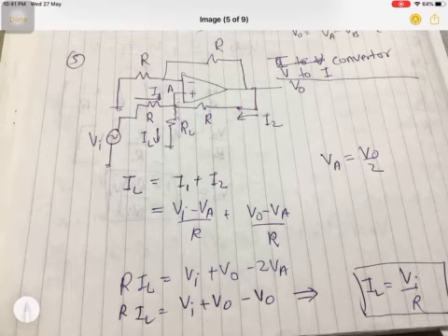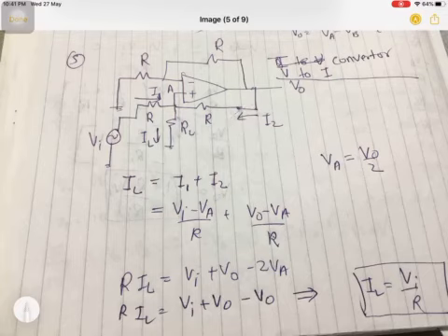One more point, there may be a doubt. There should be one more current coming from the plus terminal downward. In this node there are 3 branches, 1, 2, 3, and there is one more branch going to the positive terminal of the op-amp. I have considered only these 3 currents, not the current from this direction.